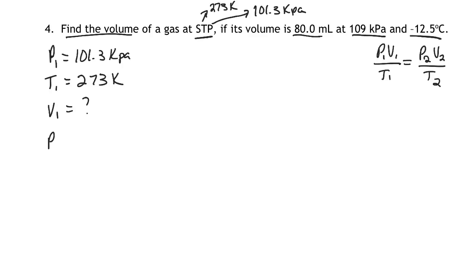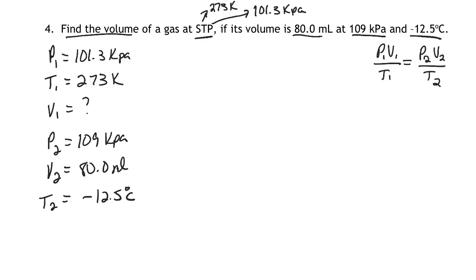Pressure 2 is going to be the 109 kilopascals. Volume 2 is going to be 80.0 milliliters. And temperature 2 is negative 12.5 degrees Celsius. Of course, that one I have to change into Kelvin.